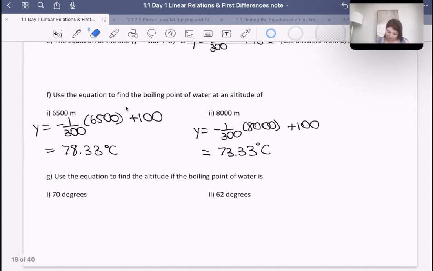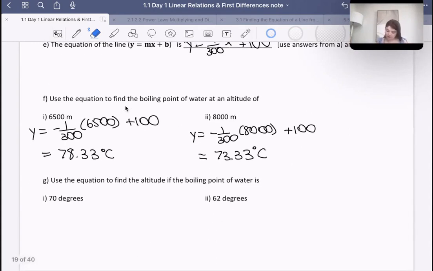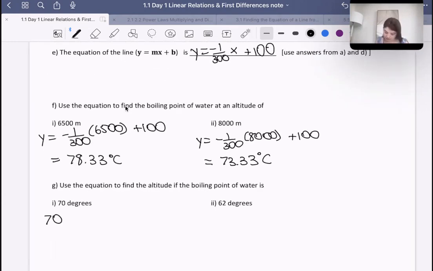Okay, now let's use the equation to find the altitude if the boiling point is 70 degrees or 62. So in this case, we're going to sub in 70 for y, because now we're being told the number of degrees, and we need to find the altitude in meters.